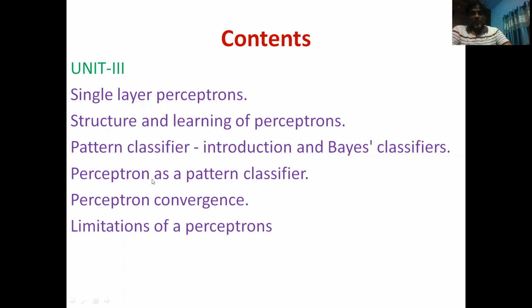And then we go through how perceptrons can be used as pattern classifiers. We'll look into some examples, and then we'll see how perceptron can act as a pattern classifier. To design, we make use of the perceptron convergence algorithm, and finally, we will discuss some limitations of perceptrons.